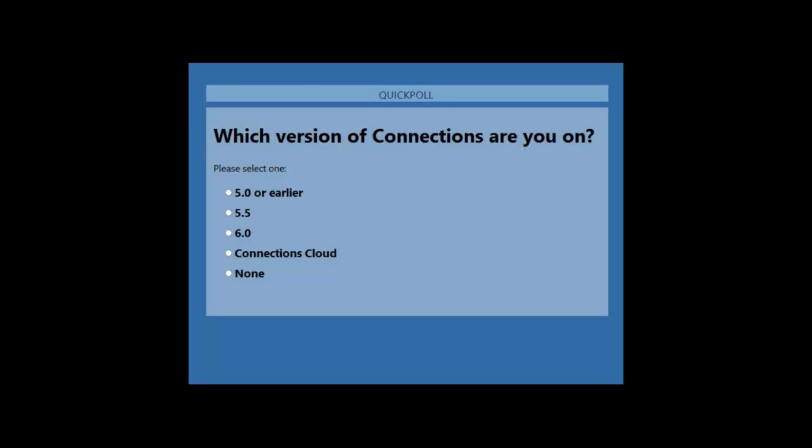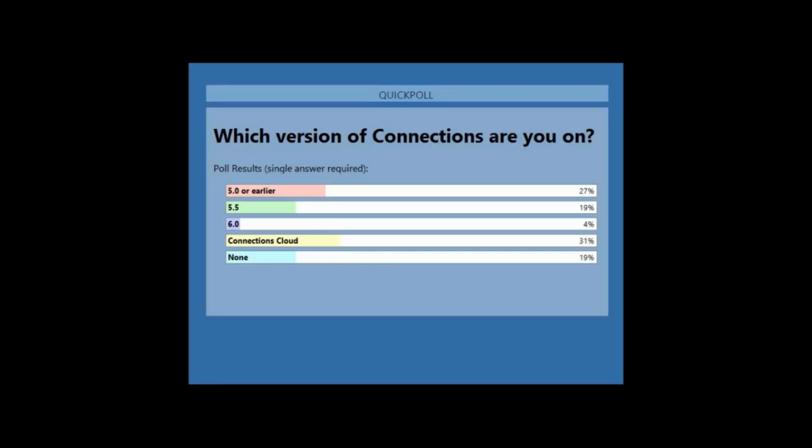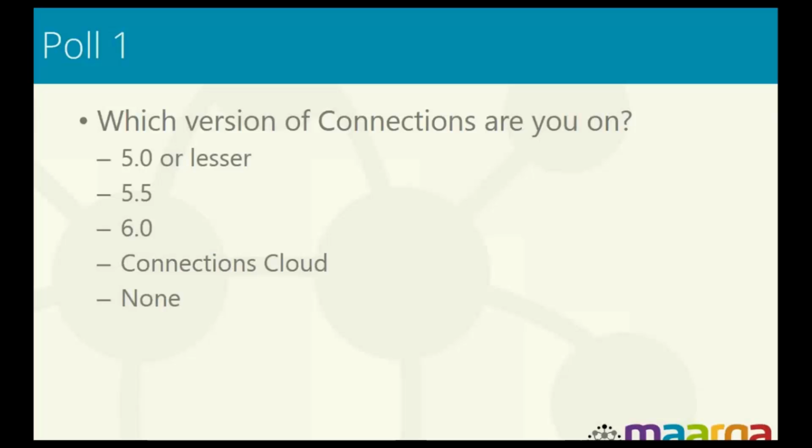Thank you everyone for participating. Here are the results: 27% are still on 5.0 or earlier, 19% on 5.5, 4% have already migrated to 6.0, 31% are in the cloud, and 19% have not started using Connections yet. Brilliant, thank you very much, and thanks to everyone who voted.